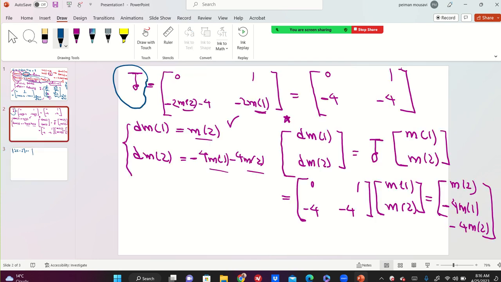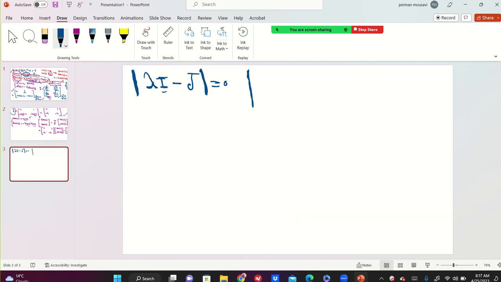Because the Jacobian is 2 by 2, the unit matrix is 2 by 2. So you're going to have lambda 0, 0, lambda, this is the unit matrix, minus J, 0, 1, minus 4, minus 4.